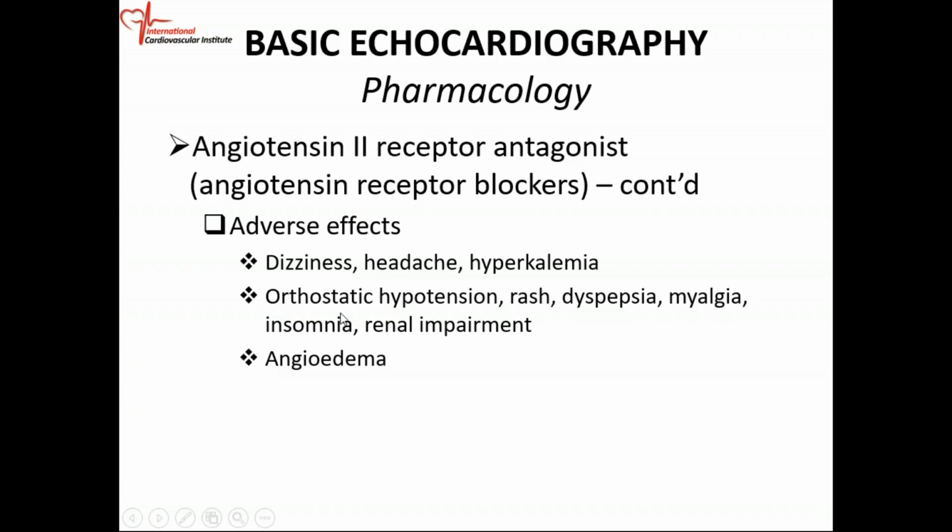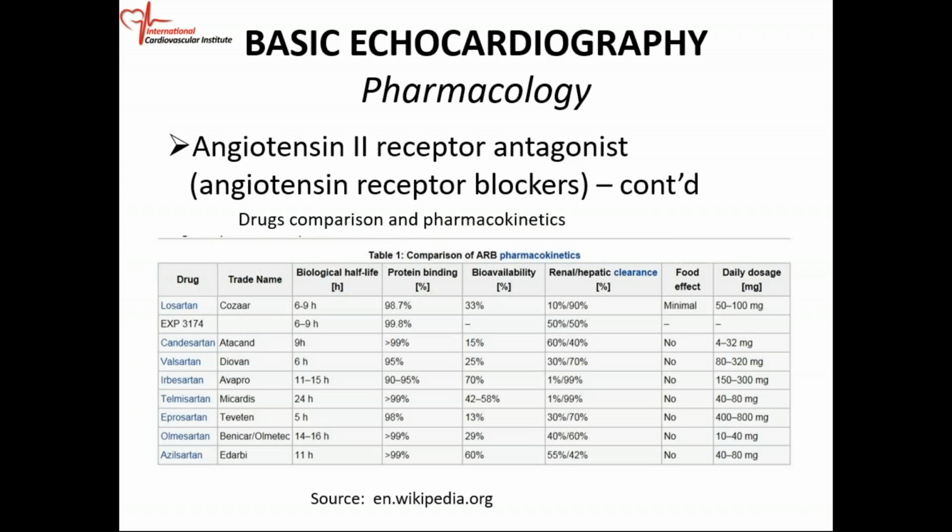You can get orthostatic hypotension, that is when the patient stands up, the blood pressure can fall, and the patient can pass out, a syncopal episode. Of course, we can get a rash, stomach problems, muscle aches, insomnia, that's not sleeping, renal impairment, and rarely it can give you angioedema, that is swelling in the throat and the patient can't breathe and swallow.